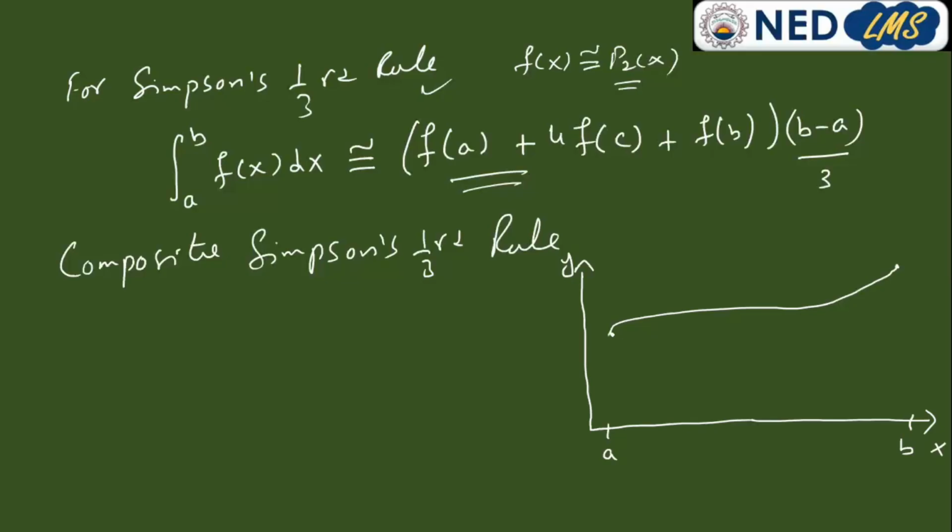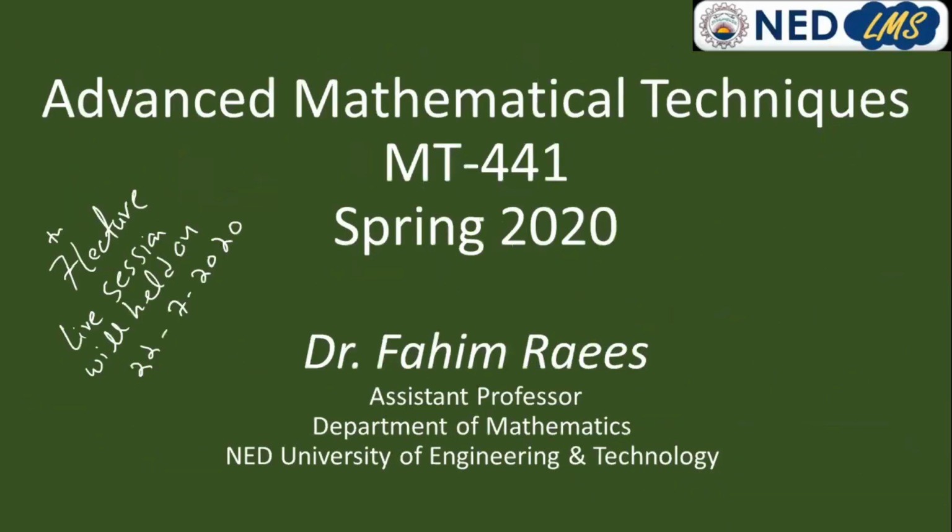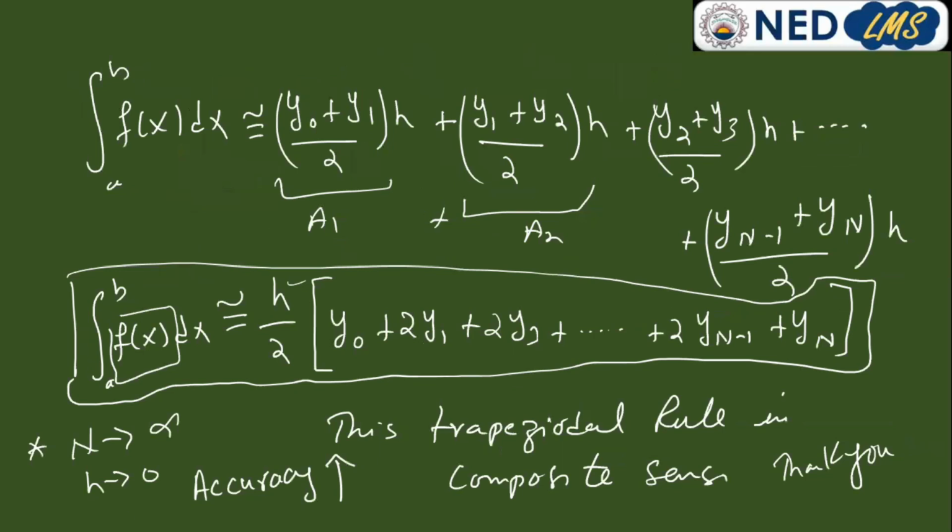Now I am dividing that domain into small pieces. You remember I used to call the first data point lower limit x naught and the last one xn. Calling it xn has a reason: I want to divide the data set into N intervals. Let me check whether I used a small n or capital N. Capital N, I use the symbol capital N.